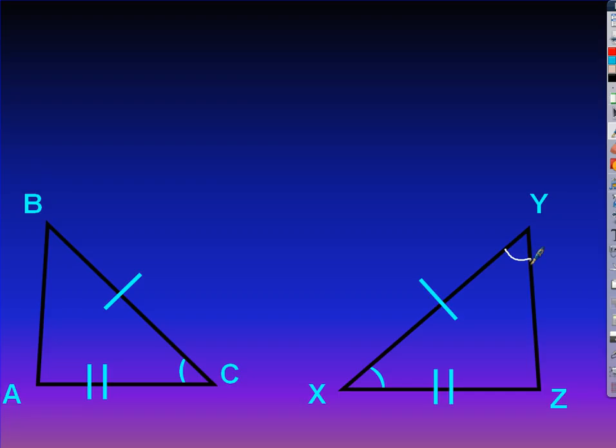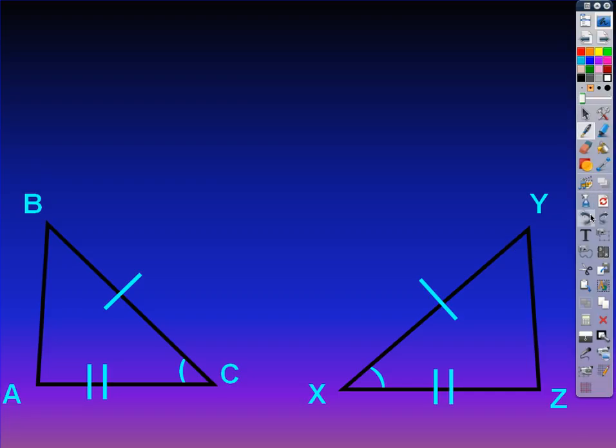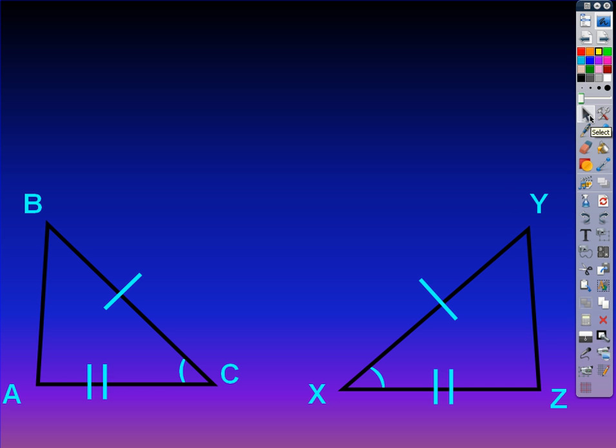Because then I've got two sides in the included angle being congruent to two sides in the not included angle. So that wouldn't have worked. Okay? But that does. Does that make sense? Okay? You'll get this. It might seem a little strange at first, but once you get going on these, I don't think you'll have any trouble with it.